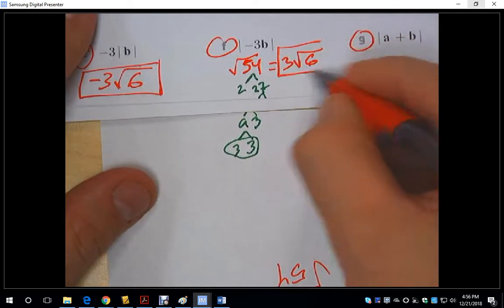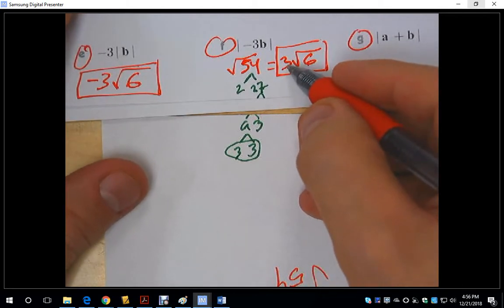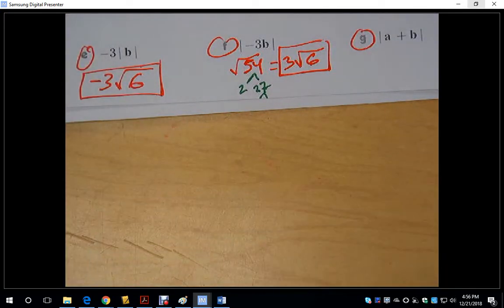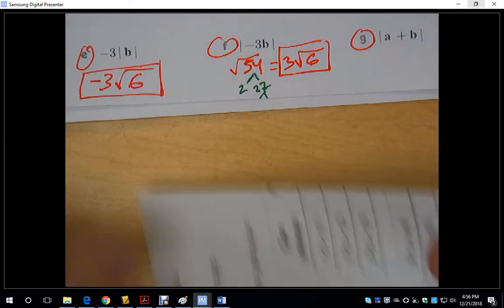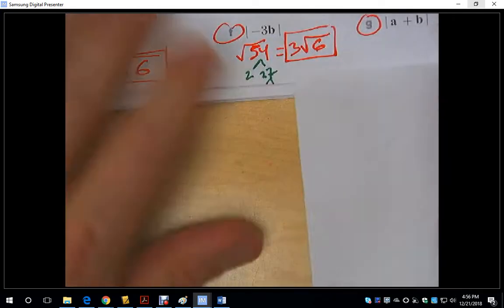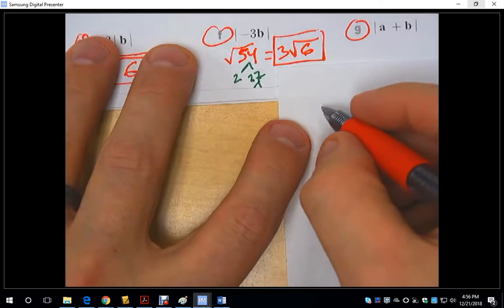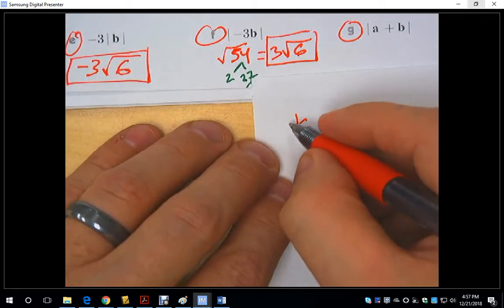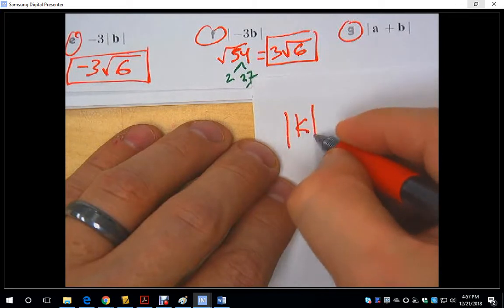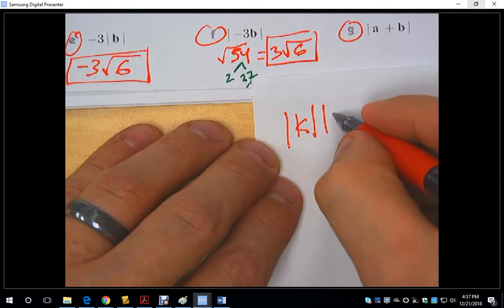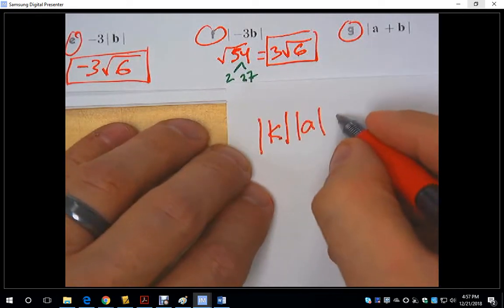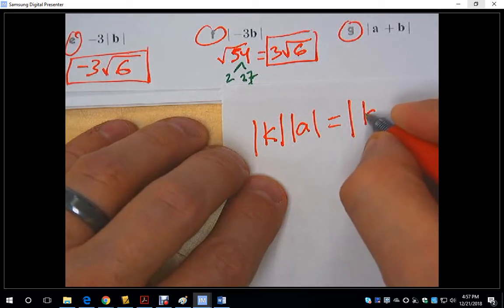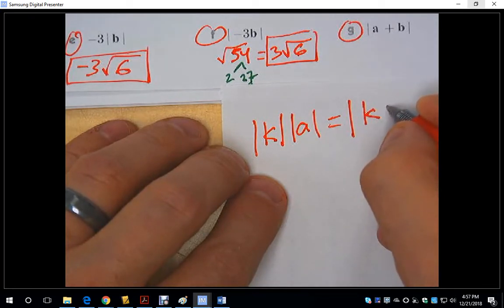So the only difference is that what we have here is a positive 3 because the negative 3 is inside of our absolute values. But one of the properties of vectors is that if I have some scalar k, and let's take the magnitude of the scalar times some vector, say vector a, then we're going to get the same answer as if we just take the absolute value of our scalar k times the magnitude of our vector a.